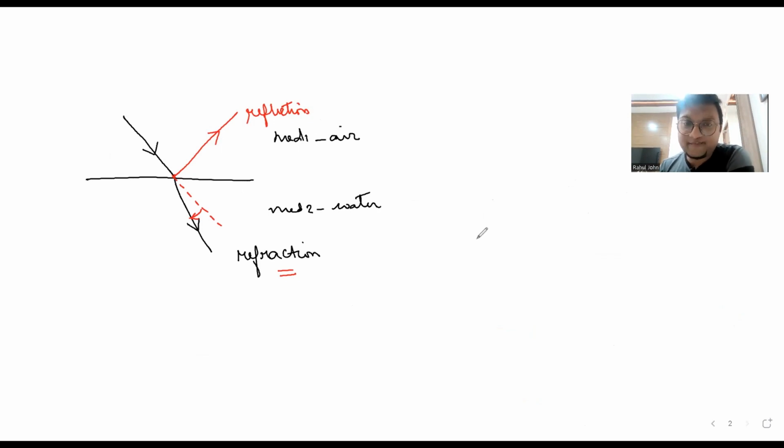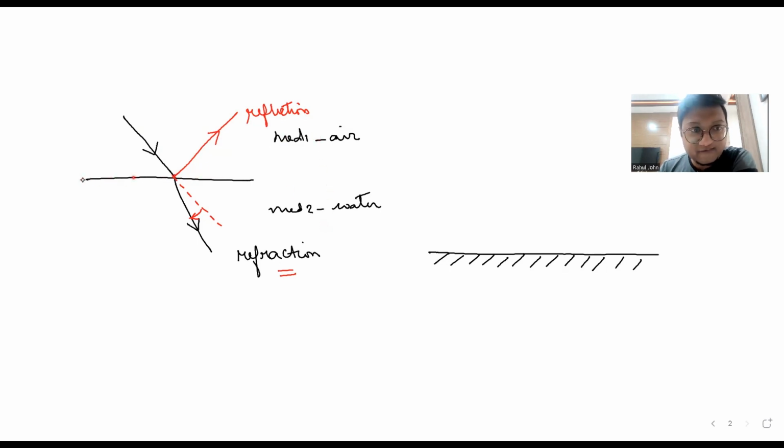So once again, let me repeat it from the beginning, that we have a surface which is highly polished. If the surface would not have been highly polished, what would have happened? Then the ray of light would have been incident at this point at the interface of medium 1 and medium 2.